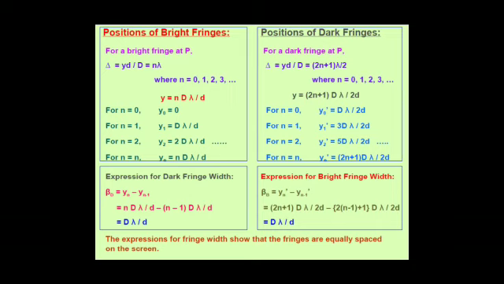The color having more value of lambda will show the fringes with more width than the one having less value of lambda. If we increase the distance between the screen and the sources, the fringe width increases. Similarly, if we decrease the distance between the two sources, the fringe width increases. So this formula is very important for the conceptual questions as well as numericals.